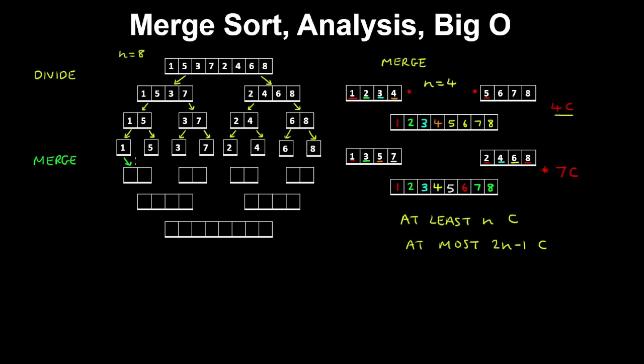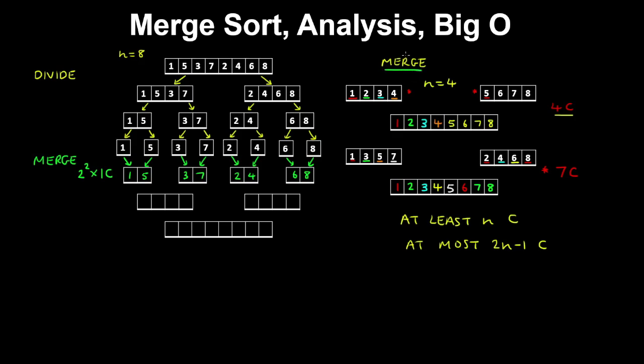So here we get each of the two arrays being merged. So we get 1, 5, 3, 7, and so on. So what we got is 4 merges, which is 2 squared, multiplied by 1 comparison required for each merge.